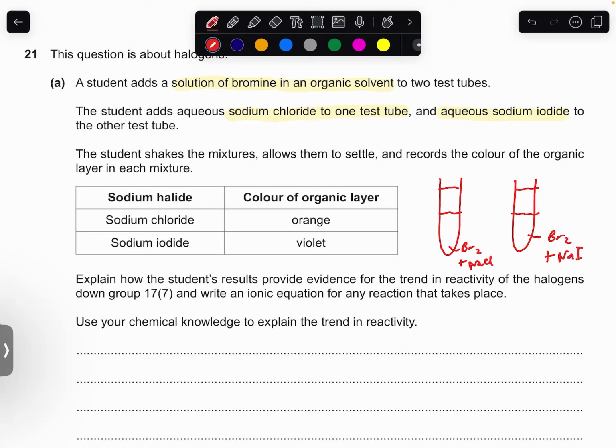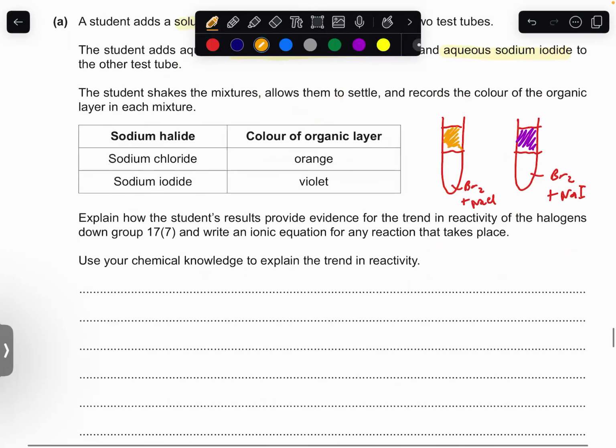And upon shaking it, the second test tube gave you a purple solution, and the first one, the organic layer, was orange. Explain how the student's results provide evidence for the trend in reactivity of the halogens down group 7, and write an ionic equation for any reaction that takes place.